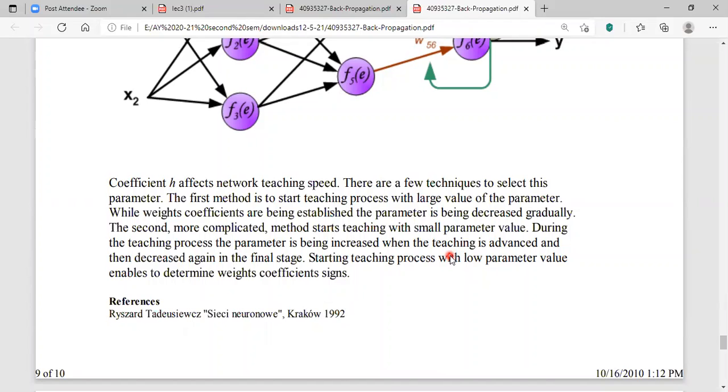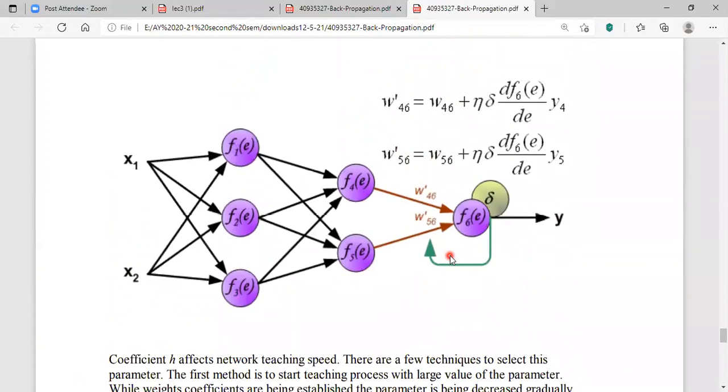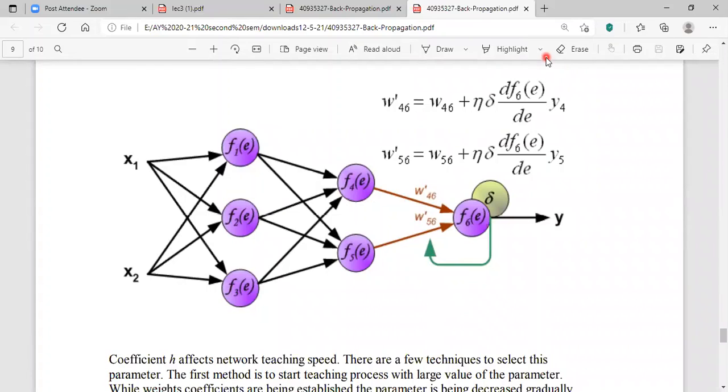Okay, this is your back propagation algorithm. If you have any queries, you can ask me now.